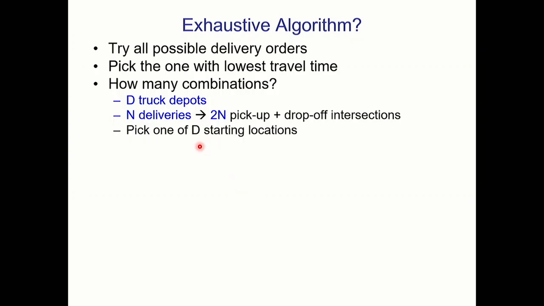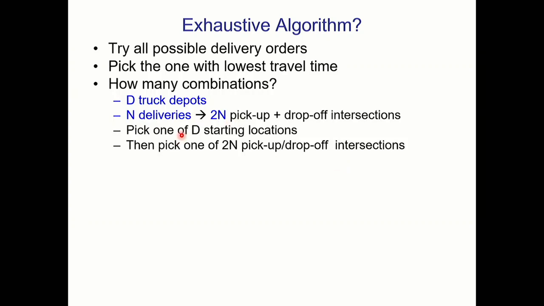We're just trying to count the number of combinations in which we can visit these intersections. Then we're going to pick one of the 2n pickup and drop-off intersections. To simplify the math, we're just going to ignore the constraint that we have to pick up before drop-off, and we're saying that you can visit any intersection right now. Once we found the best solution, you can just ignore it if it's not legal.